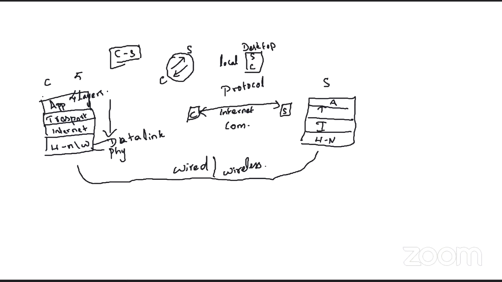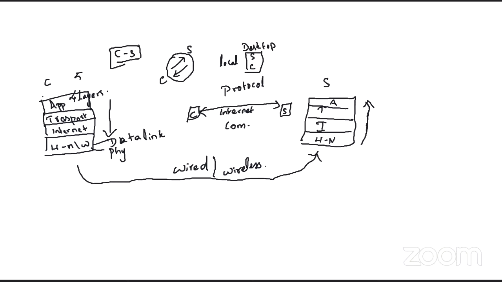Right, so it will go in this direction, and it will reach the corresponding application layer with which it has to communicate. So the request from the client will be generated, and it will go through the wired or wireless medium and reach the server application layer.